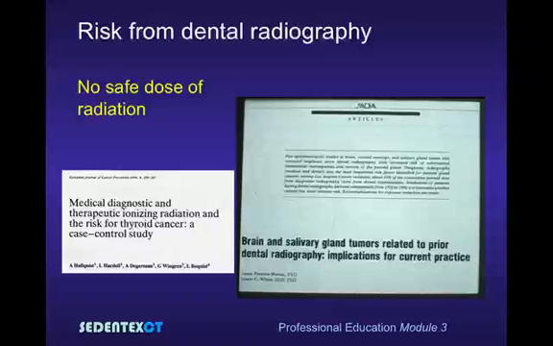There are, however, a number of studies published in the literature that give some evidence to suggest that, for example, dental radiography is associated with an increased risk of some cancers around the head and neck, notably the brain, the salivary glands, and the thyroid gland.